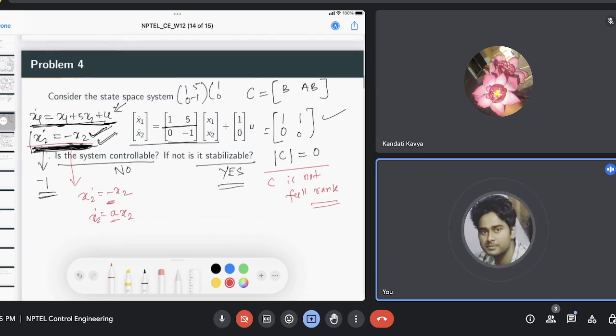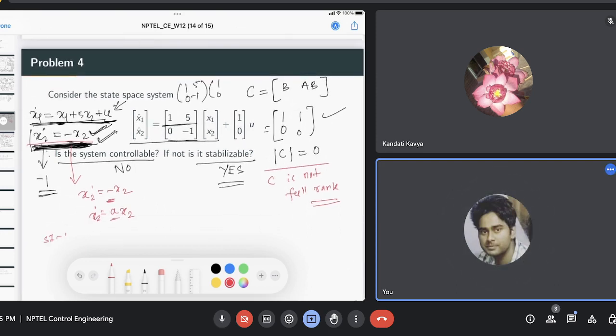The eigenvalue comes from the determinant of sI minus a equal to 0, for this one-dimensional system with only x2. So s plus 1 equals 0, or s equals minus 1, or you can write lambda for the eigenvalue. It's only minus 1 and it is fixed. For the x2 mode, can you change this dynamics? You cannot, because there is no effect of u in x2. That is clear because of the decoupling.